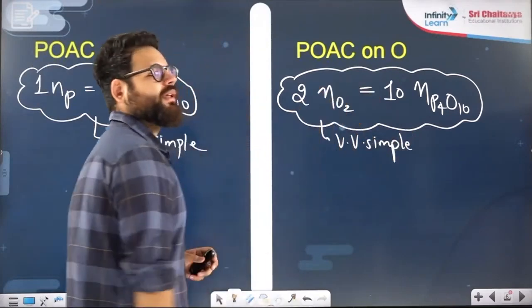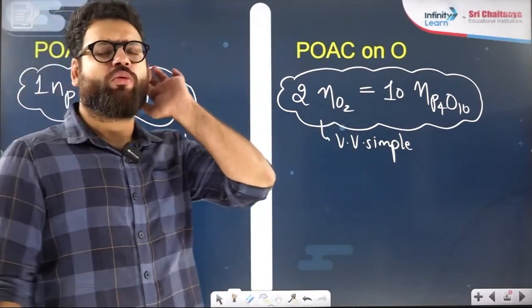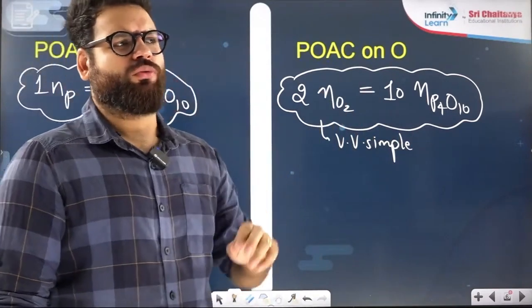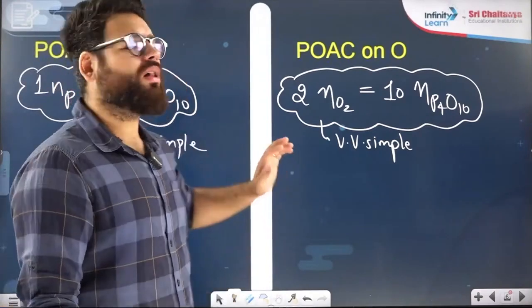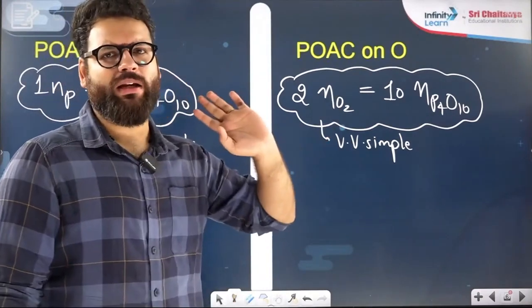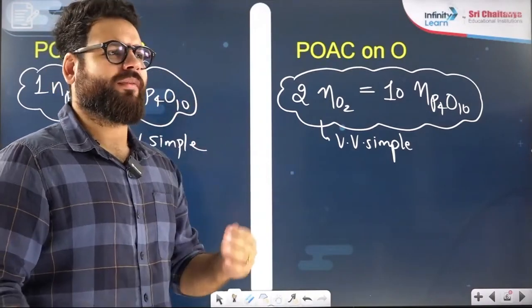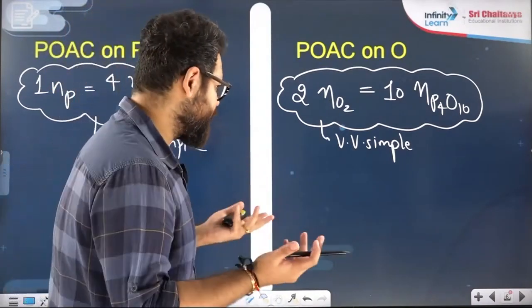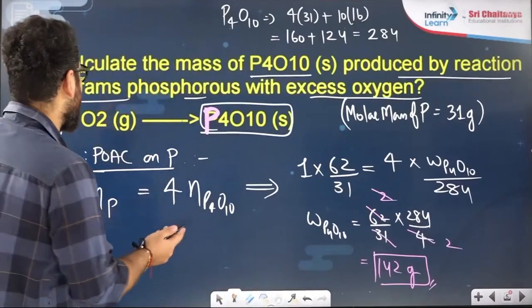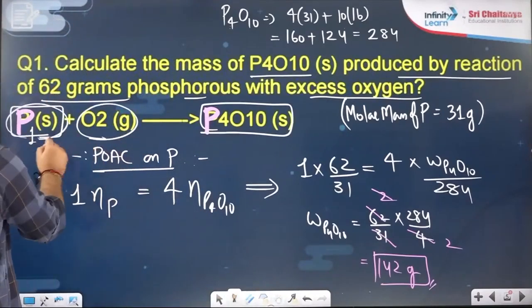Now, someone was asking, sir, could we use it in every question? Answer is no. You can only use it if all the atom is getting conserved completely. If I gave you the question, what mass of O2 will react with phosphorus?